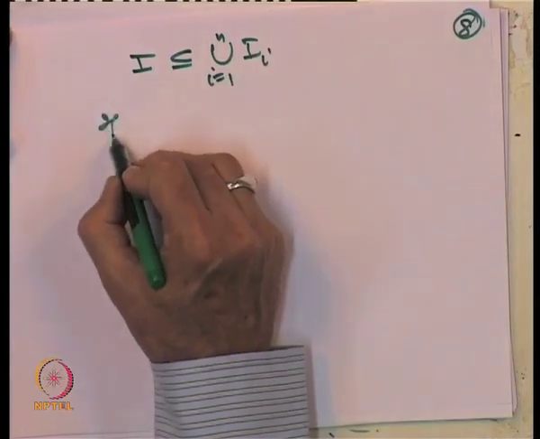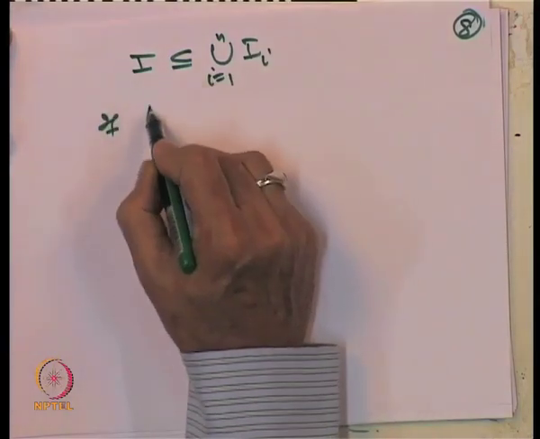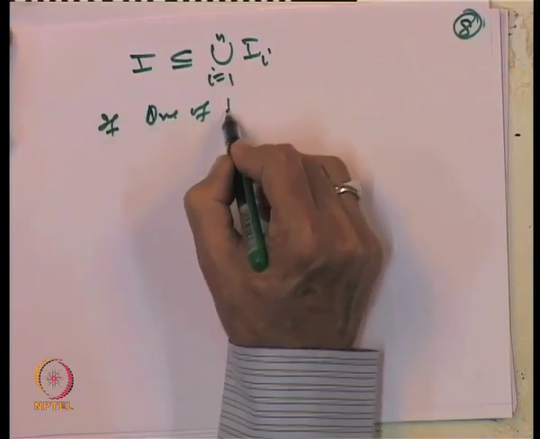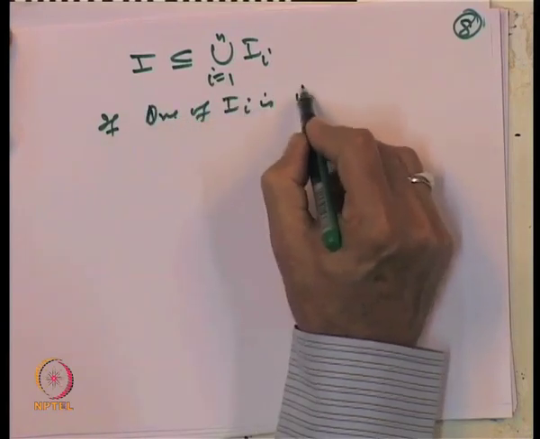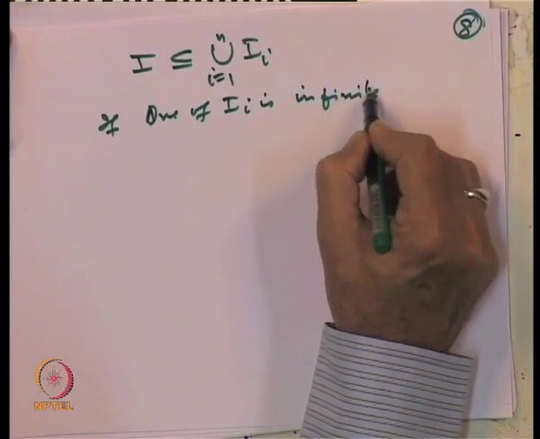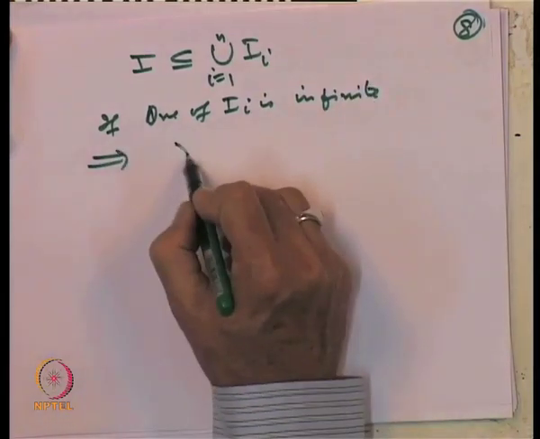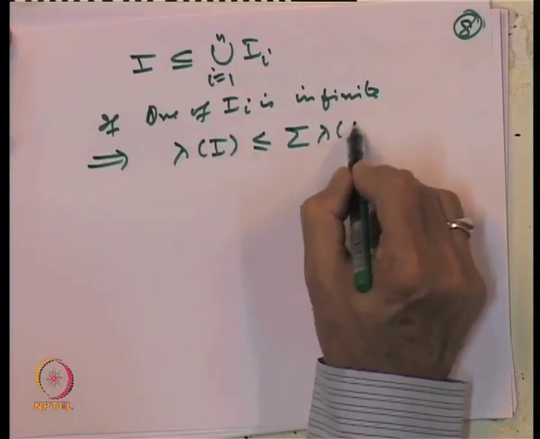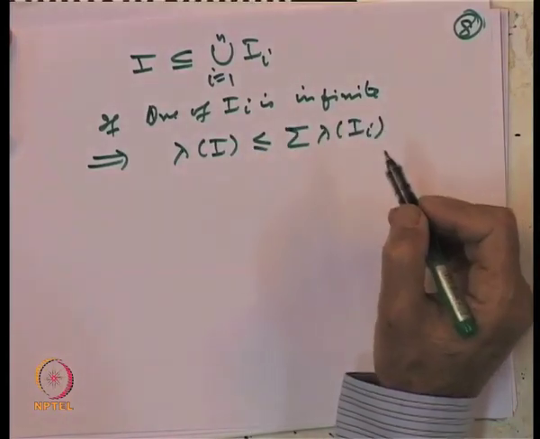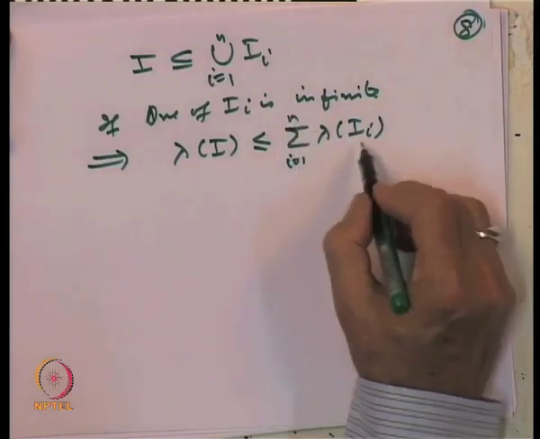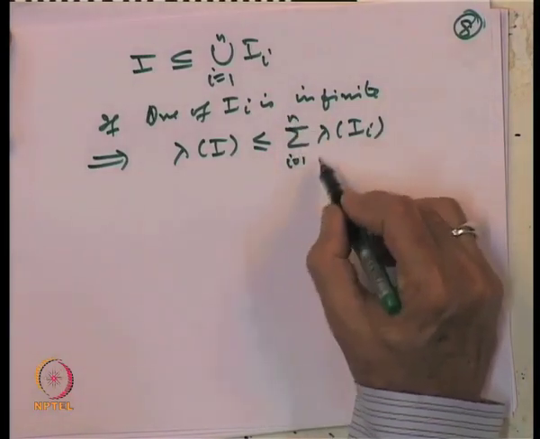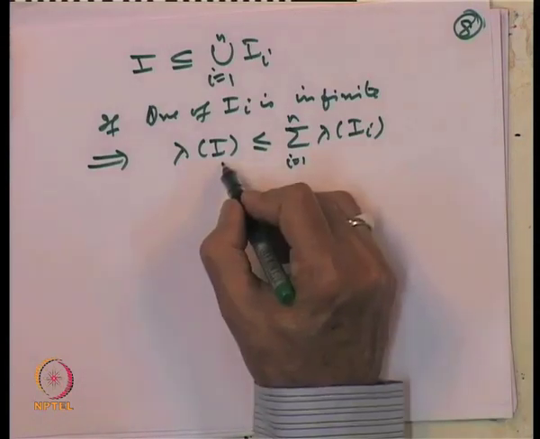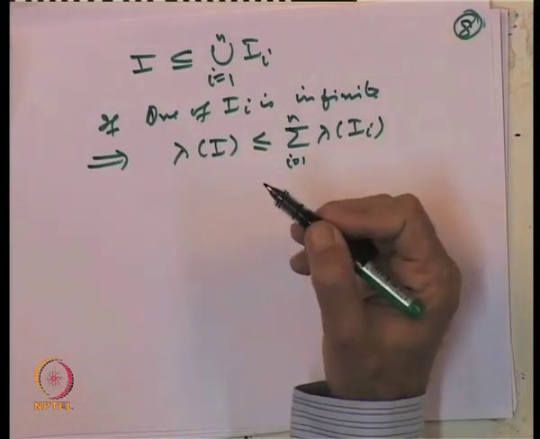Obviously, if one of the I_i is infinite, then clearly this implies length of I is less than or equal to the summation of lengths of I_i. That is obvious, because one of these terms on the right hand side in the summation is plus infinity, which is always greater than or equal to the length of I, whatever be I.